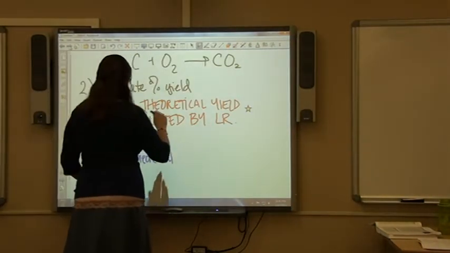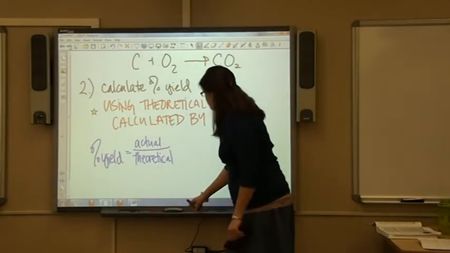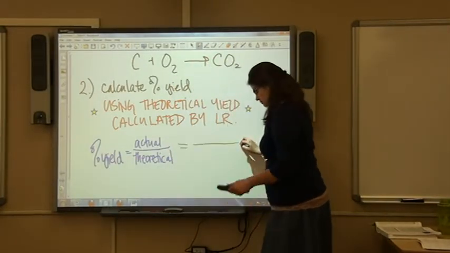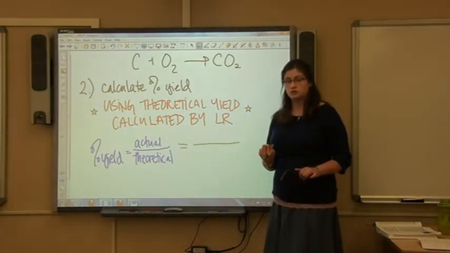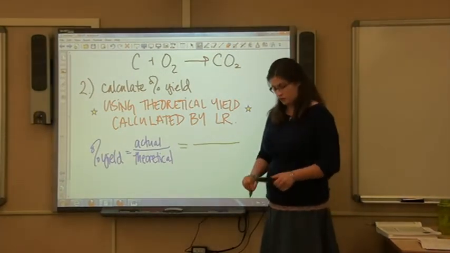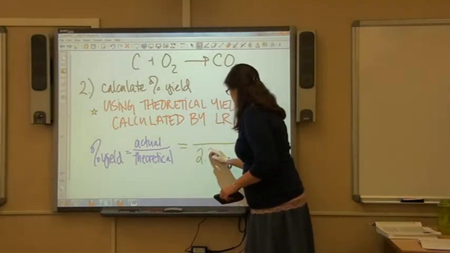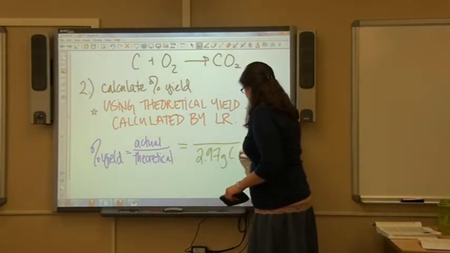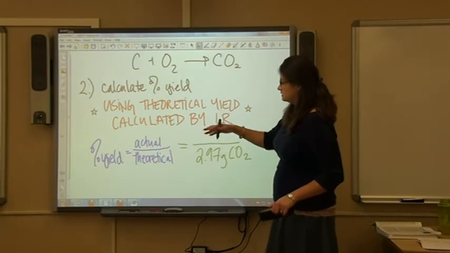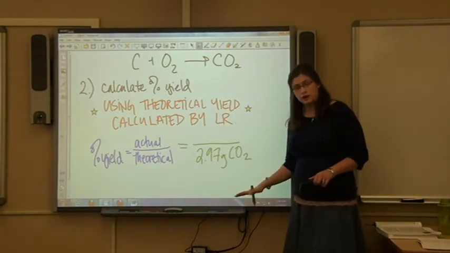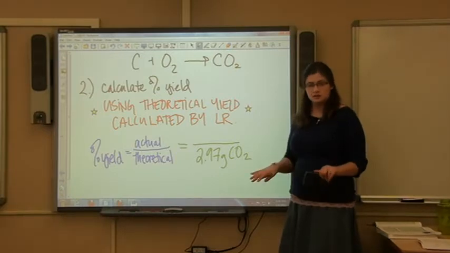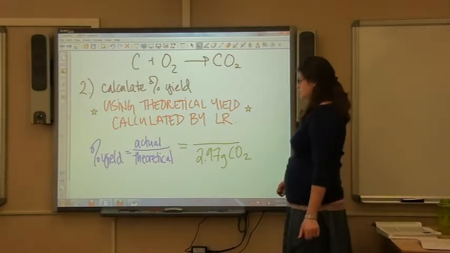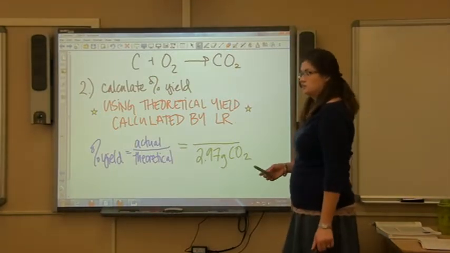Okay, now let's calculate the percent yield here. The theoretical yield is the yield that you calculate through stoichiometry. Therefore, that 2.97 grams of CO2 that we calculated on the previous slide, that's our theoretical yield. That's the most we could possibly produce, all conditions being perfect. Now, where did we get that number for actual yield?